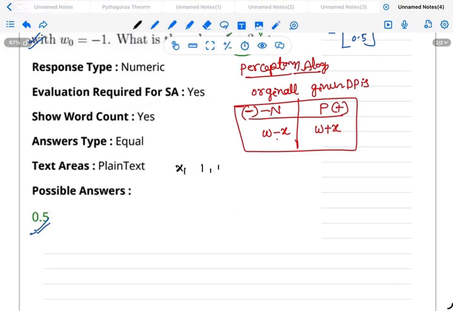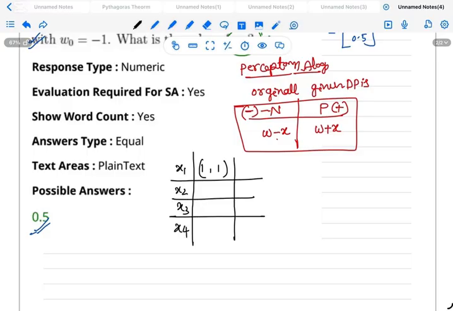So x1 is (1, 1), and x2, x3 and x4 are (1, -1), (-1, 1), (-1, -1).